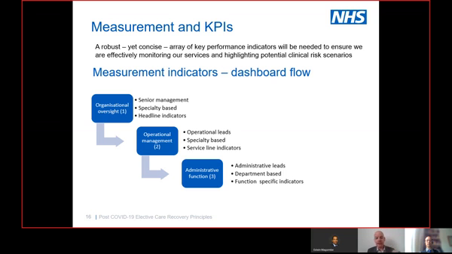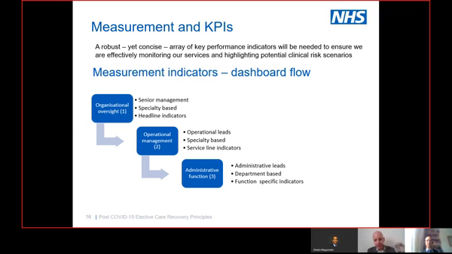We currently have that articulated in a 3-tier system. So organizational oversight would be for senior management teams and operational leads to understand at headline level what parts of the service might need a deeper level of interrogation. And there's a second layer of KPIs around the more operational management of the service, and then a third tier of KPIs around the administrative functions.